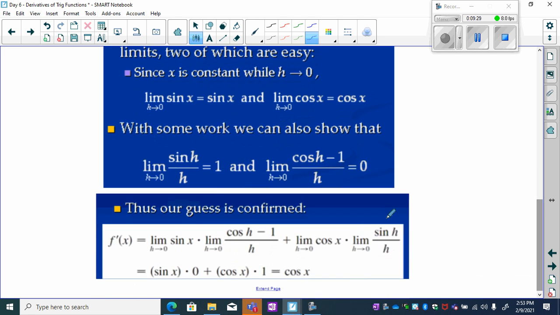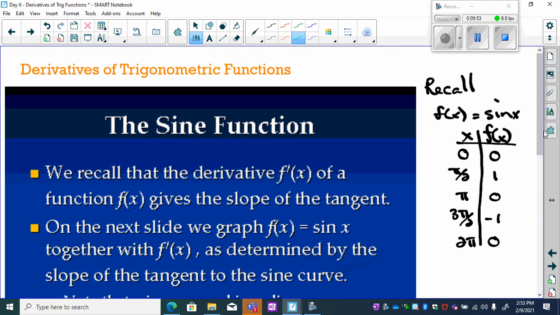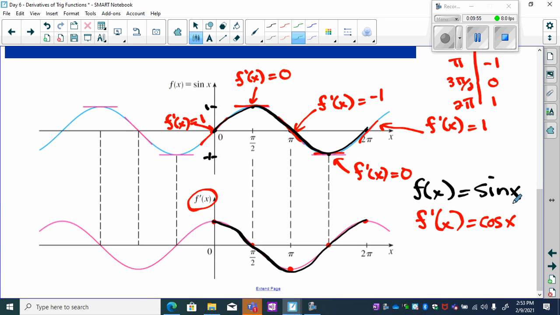However, if that's a 1, this would get replaced with a 1, and this would get replaced with a 0. So I end up with sine x times 0 plus cos x times 1, well, that's 0 plus cos x, which is just cos x. And that proves what we assumed would happen, or what we showed over here, that the derivative of sine x is, in fact, cosine x.